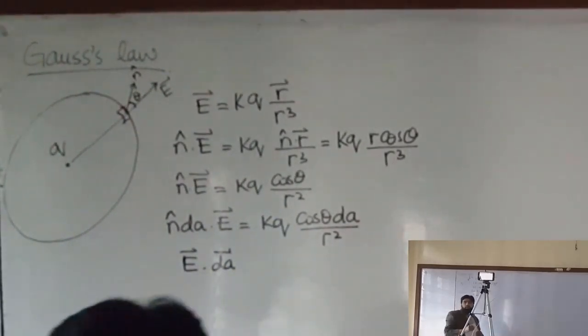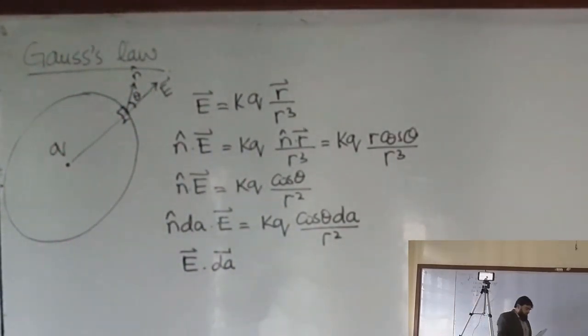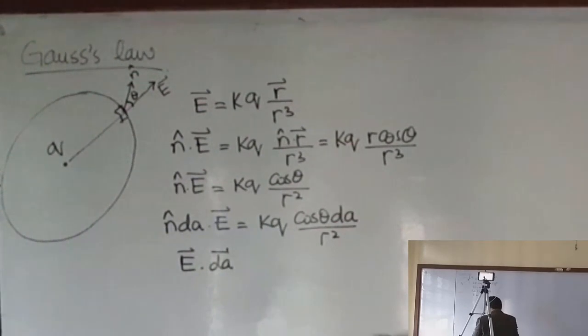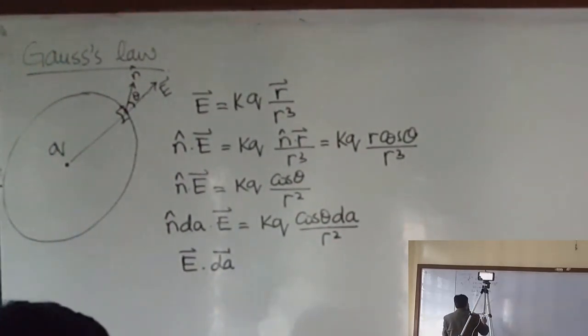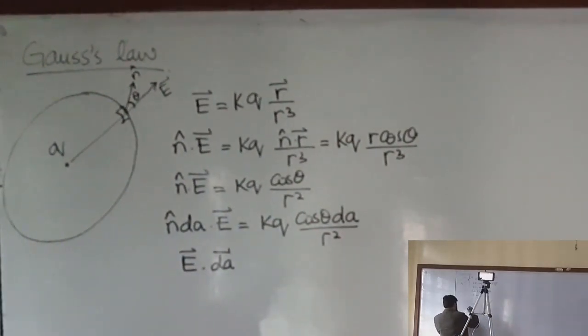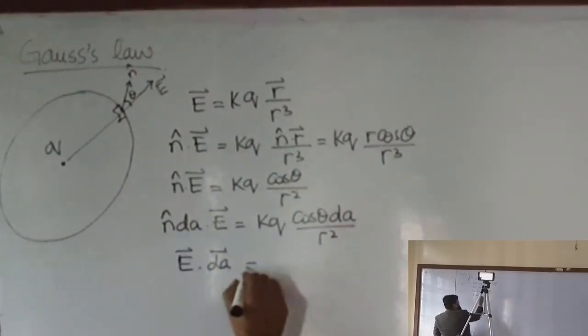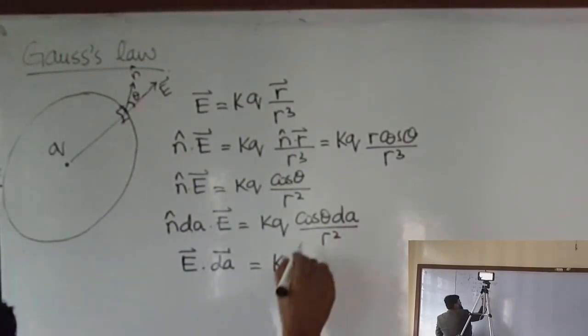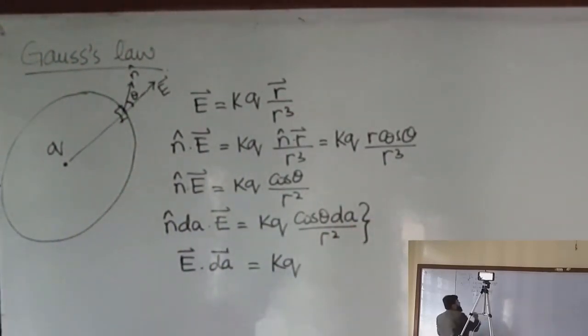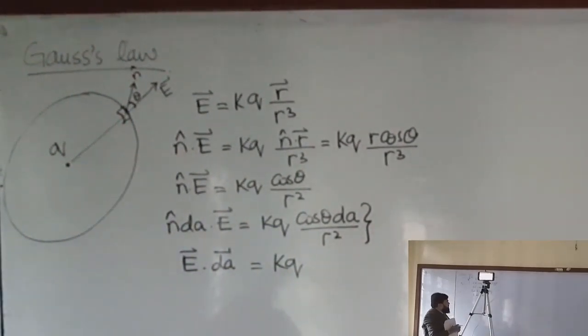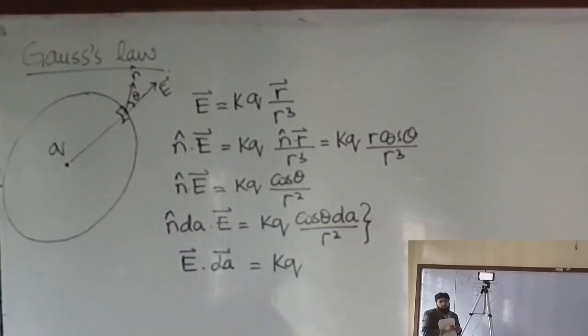So then I will write area as a vector, and this n dA will be dA, and this is equal to K Q times what about this one? Cos theta dA over r squared.